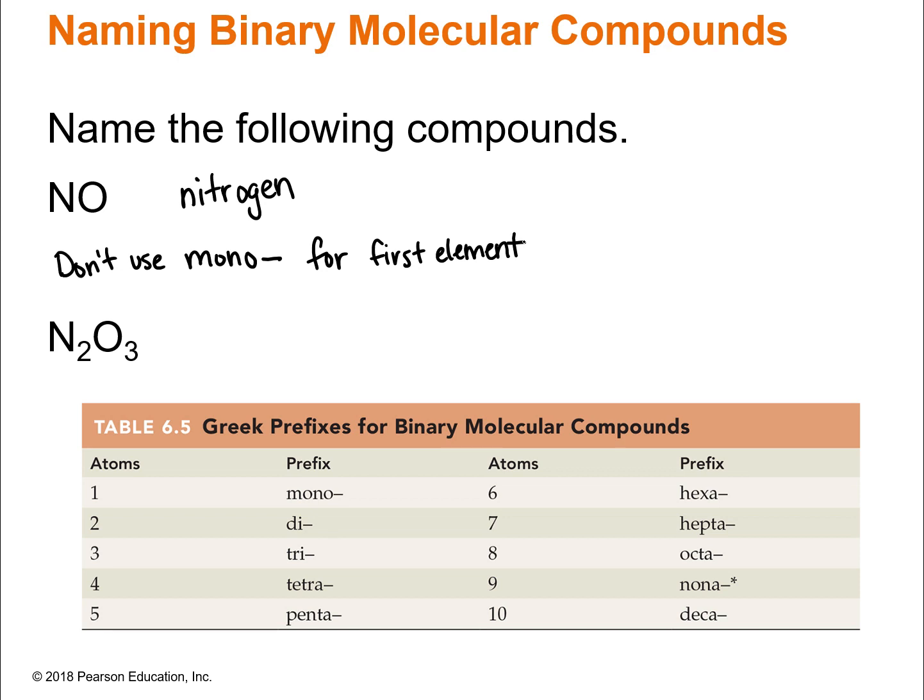But if there's only one of the second element, like here, there's one oxygen, then you write monoxide. The ox is for oxygen, and the naming of the oxide part is just like with the anions. So we took oxygen, got rid of everything except for the first syllable, and replaced it with IDE.